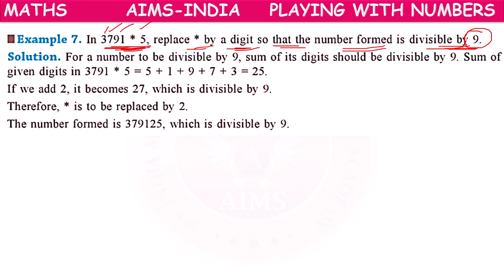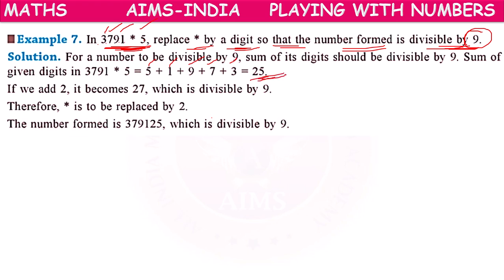If that is divisible by 9, then the total number is divisible by 9. So here 3791*5, let's take their sum: 5 plus 1 plus 9 plus 7 plus 3, not considering the asterisk, which is 25.